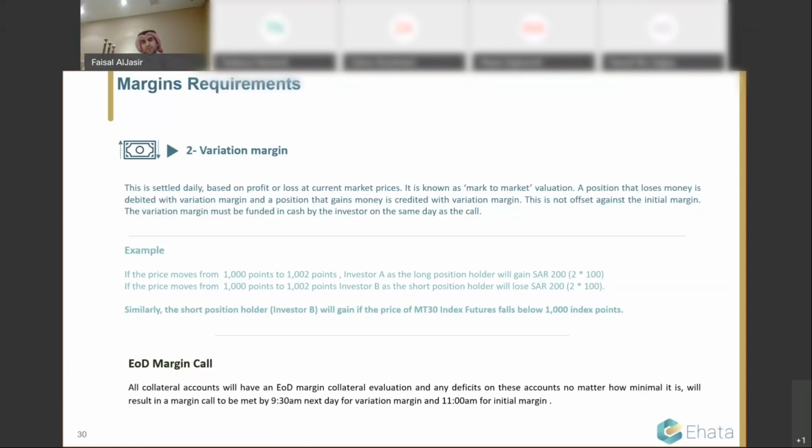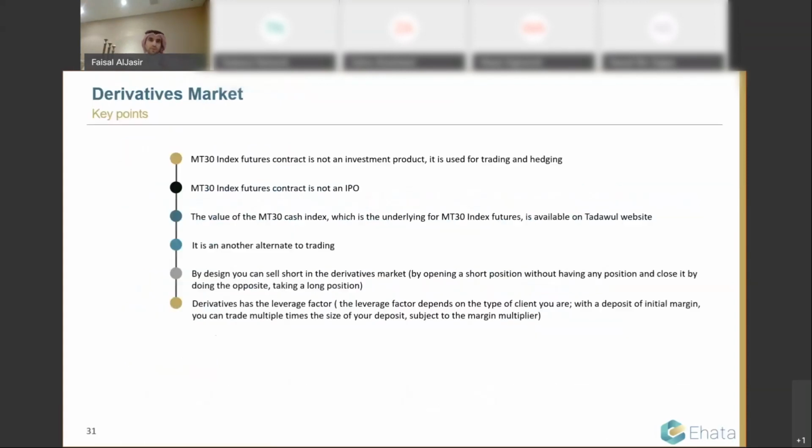Any investor or trader, whether a speculator, a hedger, or an arbitrager, who is going into this market needs to understand the concept of margins, how these margins happen, and what the effect is on his actual cash management and cash position. So, key points.